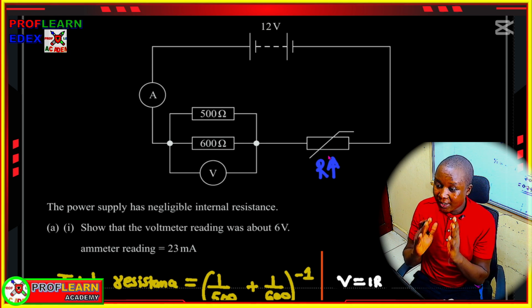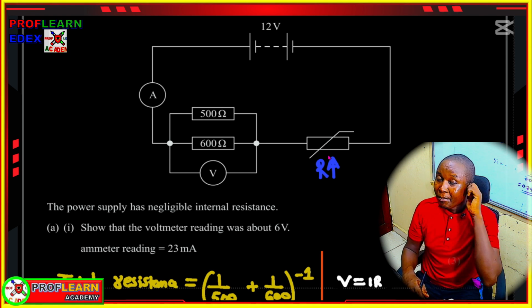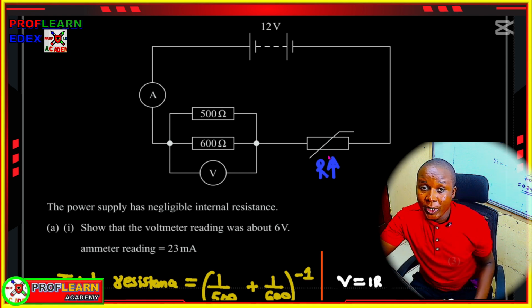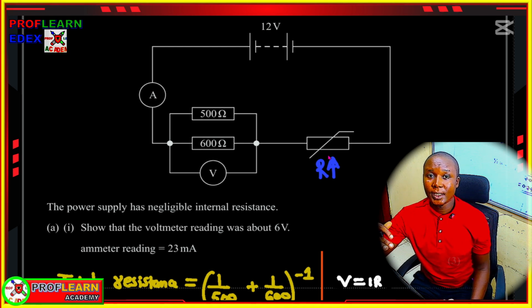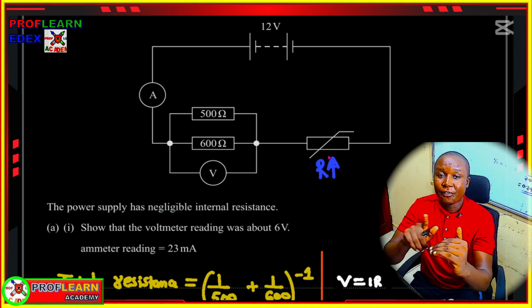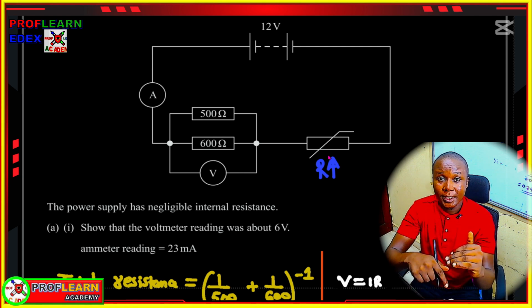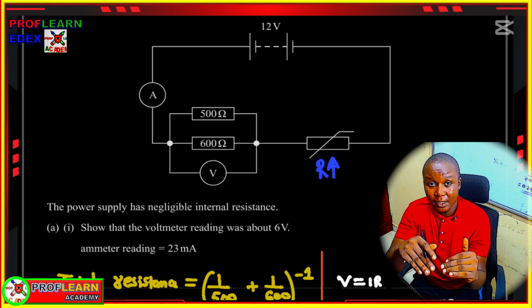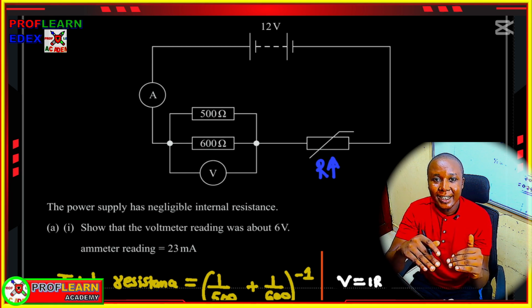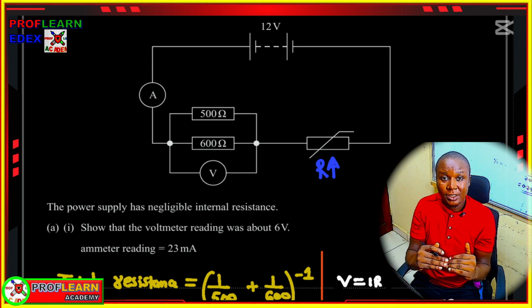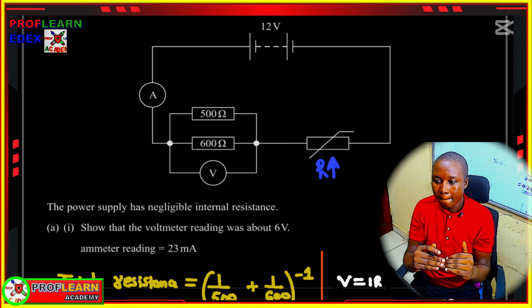If the overall resistance increases, the total current flowing in the circuit is going to decrease. Now, if current has decreased, how will that affect the ammeter reading? Just tell me in the comment section. The ammeter reading is going to be smaller. It's going to decrease.